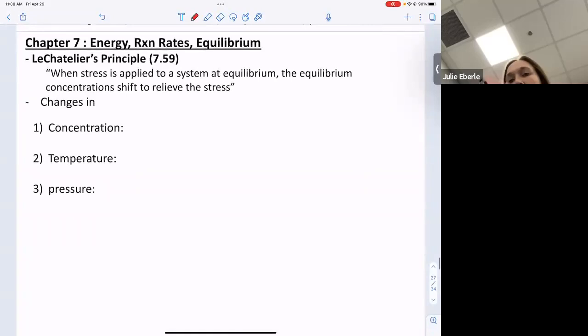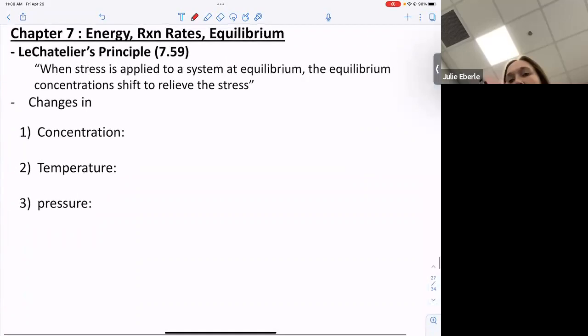We're going to kind of come up with maybe a key here that can help us. If the change is an increase in the concentration of reactant, I'm going to put an R for reactant. Remember, brackets indicate we're talking about concentration. An increase in concentration of reactant means equilibrium will shift which way? You guys remember?